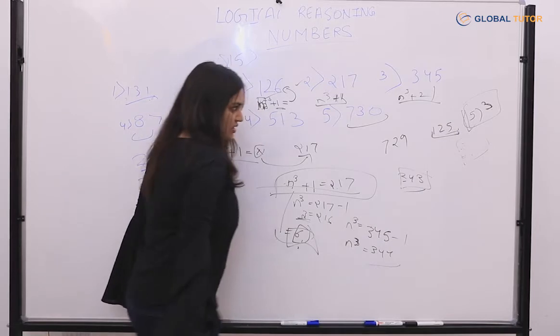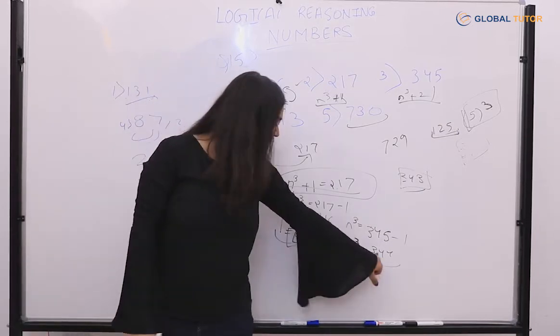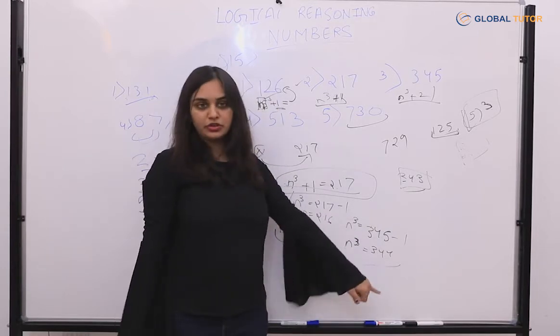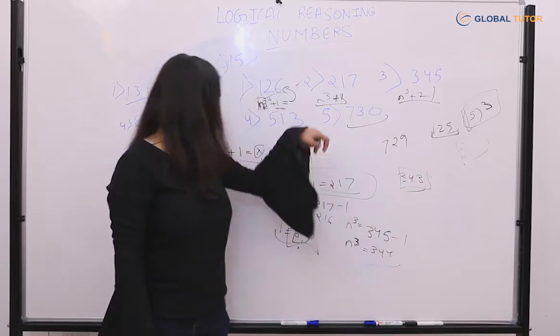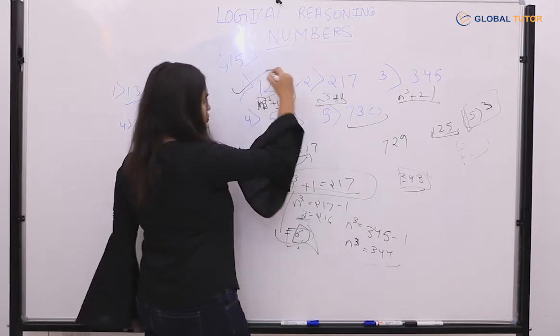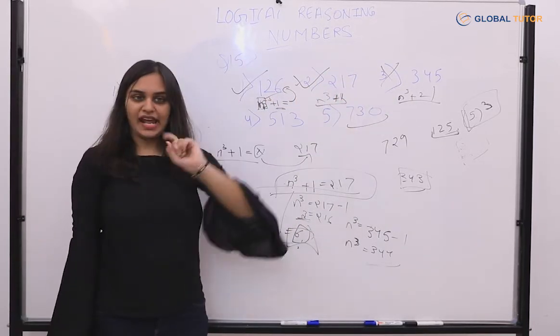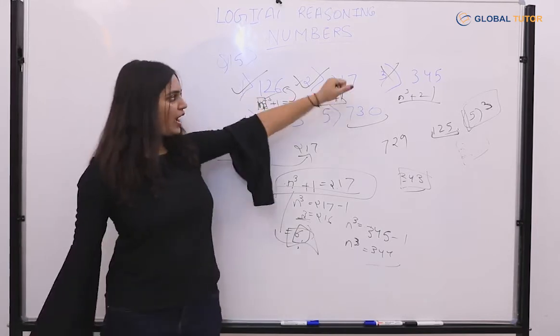You're able to establish that pattern, right? n cube equals 344 is not true, because 344 is not a perfect cube of any number. So we have kind of sorted: this holds true, this holds true, this does not hold true. We have 3 options and 1 pattern that holds true for 2 and not for 1.